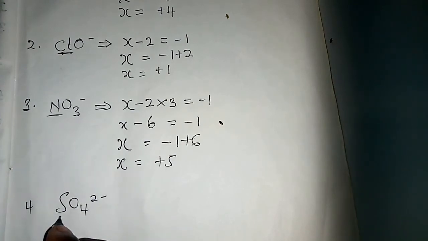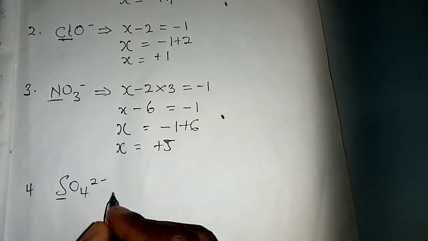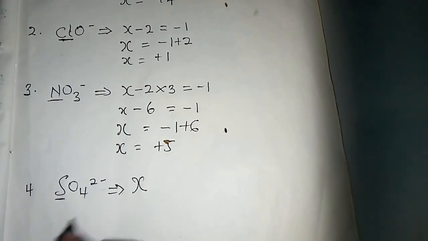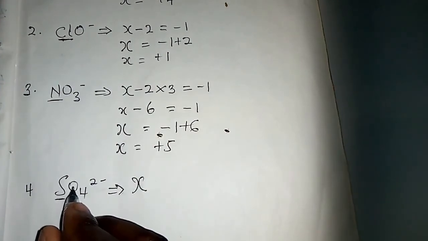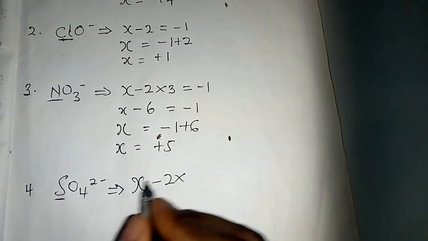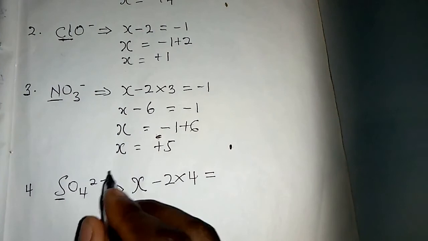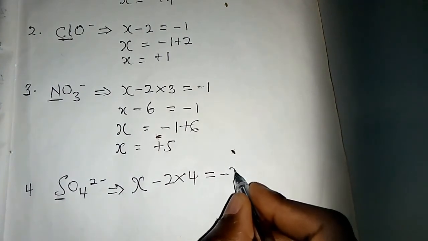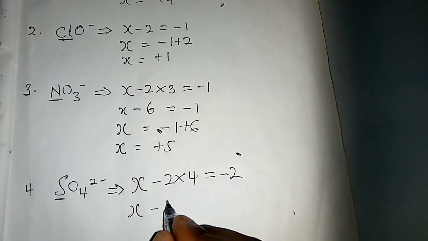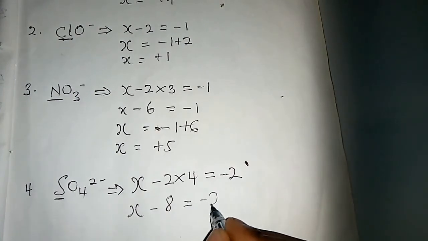So here the central atom is S, so let's replace S by a variable X. So we have a fixed oxidation number of oxygen, minus 2, we multiply by the subscript, which is 4, and it should be equal to the charge carried by the radical, minus 2. So here we have X, minus 2 times 4 gives us minus 8, should be equal to minus 2.